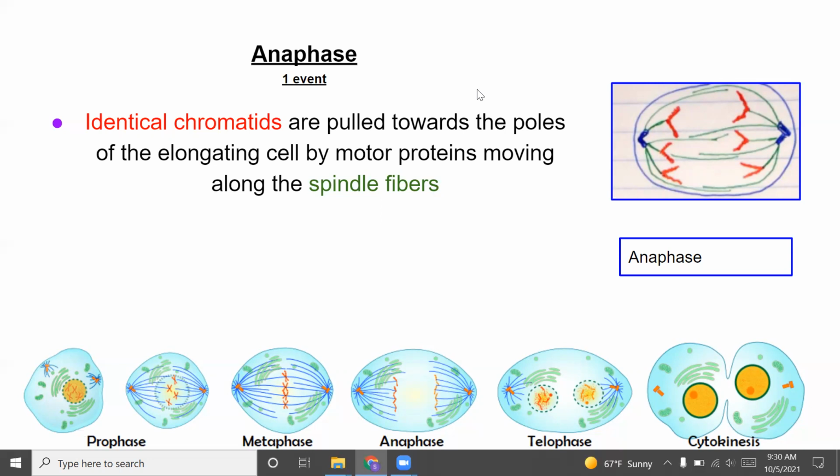And some of your spindle fibers still go all the way to the middle of the cell, because remember, elongating that cell. If you drew your cell a little more oblong, that was very good. I think most of you guys have done that. Good. Because not only are our chromosomes moving, but our cell is elongating.